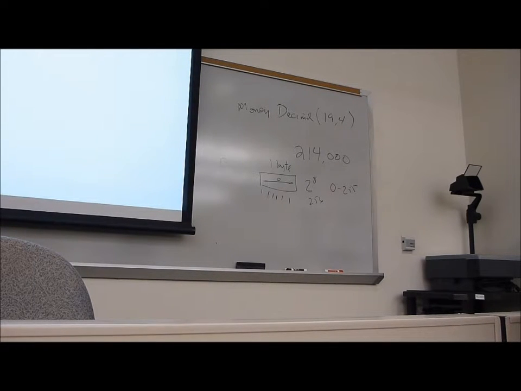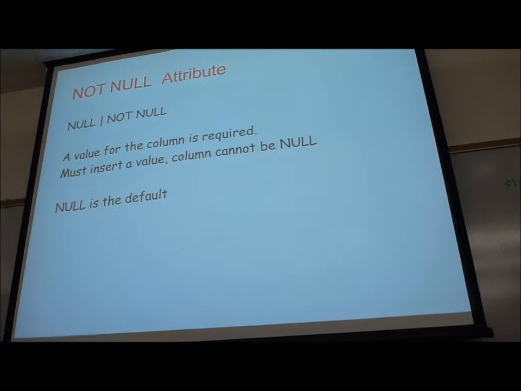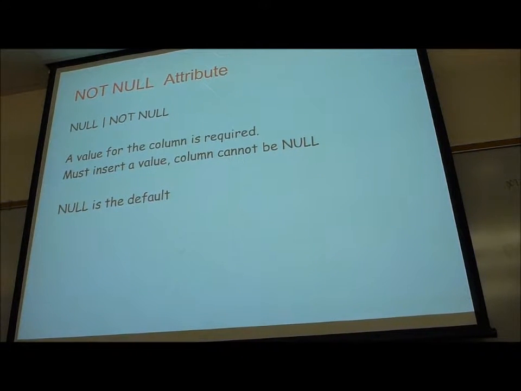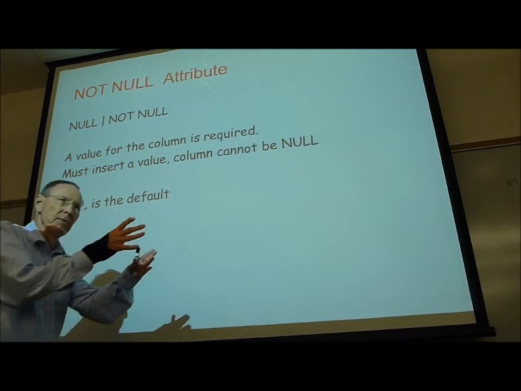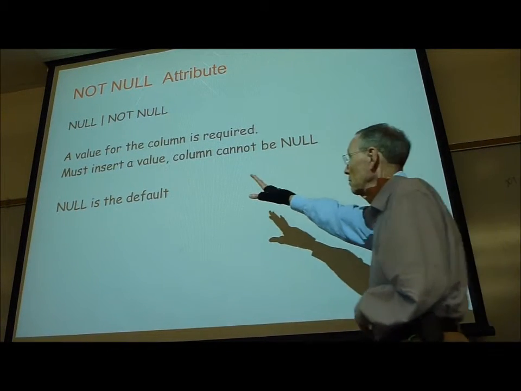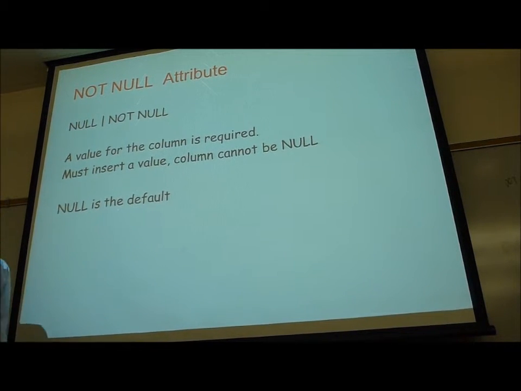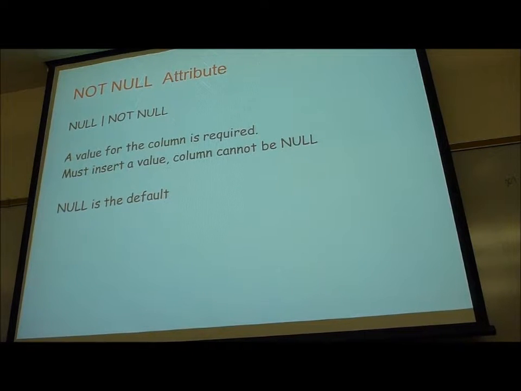Okay, column attributes. We're going to look at the various column attributes we can have on here. One of them is null or not null. After I've put my column name in, and then a data type, I can just leave it blank, and null is the default, which means I don't have to enter anything.